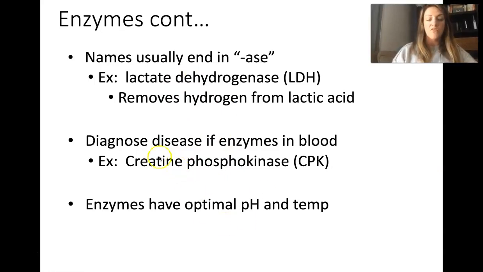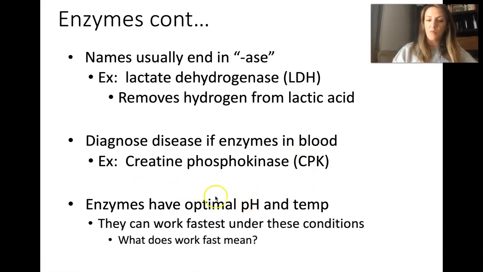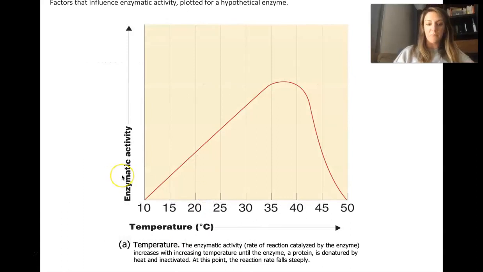Okay. For enzymes to function, they have to have an optimal pH and temperature. This doesn't mean that they can't work at others, but it means that we have an optimal pH and temperature for each enzyme. Okay, they work fast under those conditions, and we measure fast by looking at the reaction rate. So enzymatic activity is measured by reaction rate, how fast you're producing a product of that reaction.